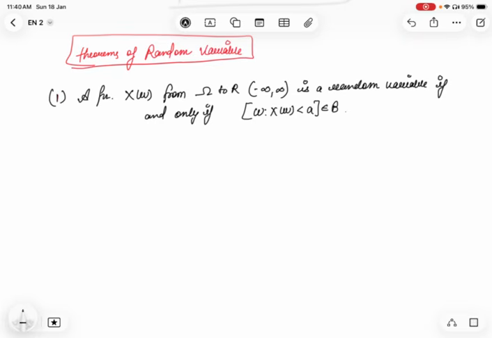Suppose we are given some X; how will you prove that it is a random variable? For that we need to prove this. The proof is not important for the exam, but this is the way to prove it.